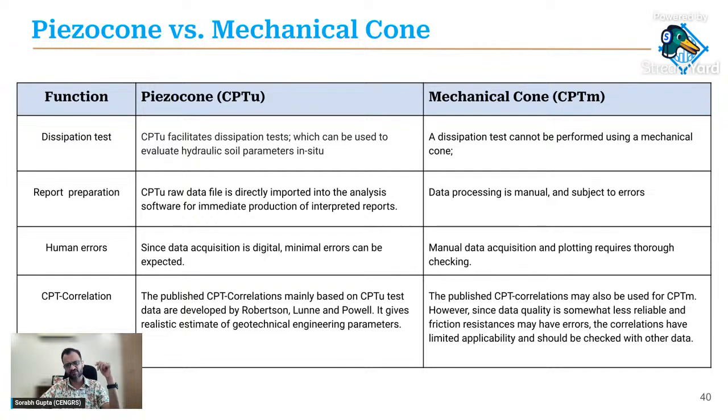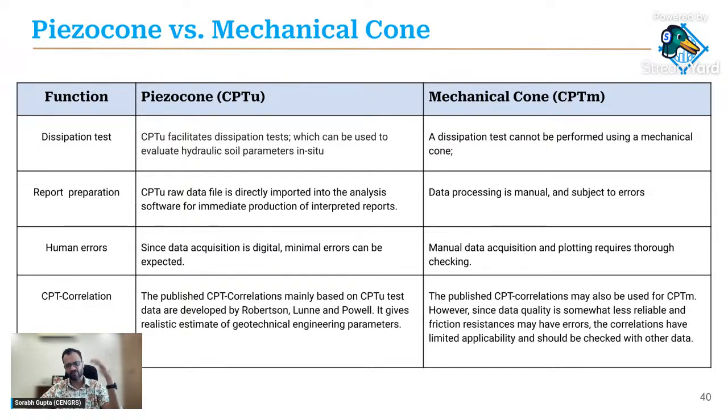There are other advantages. For example, in the piezo cone, we can stop the cone and do a dissipation test. We will see that a bit later in the presentation. For report preparation, because all the data is electronic now, there is no manual intervention at any point. The data collection, data transfer, as well as the data interpretation are all done at the click of a button. You just import the data into a software, and the software will spit out the analysis and the report, including the foundation analysis based on CPT.